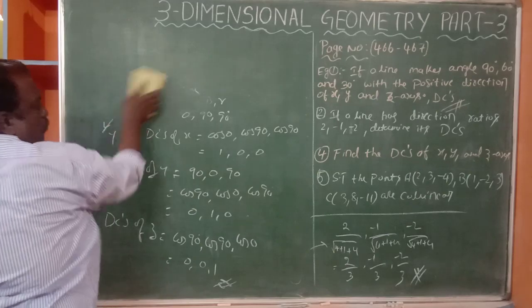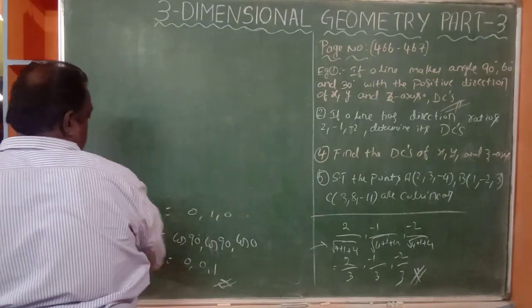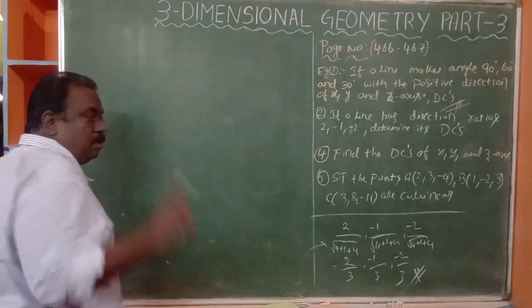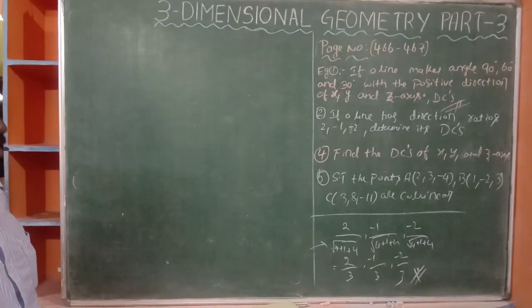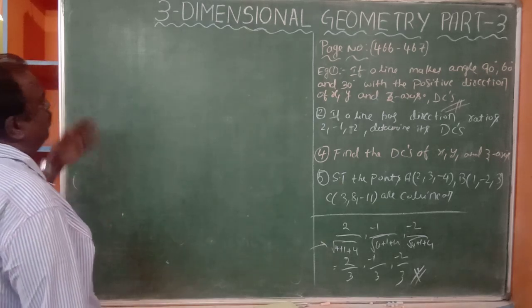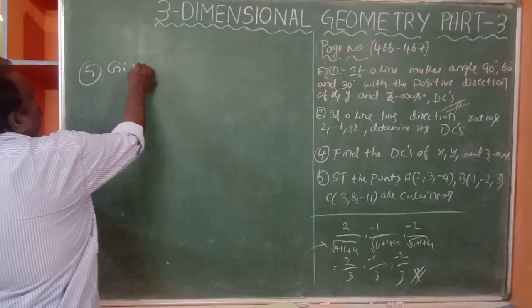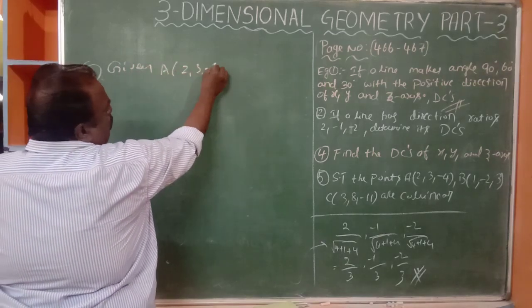So that fifth one. Points A, B, C are given and they are collinear. The collinear concept was already taught in vectors. Now it is by using coordinate geometry, that is 3D. You see the given points. What is A? 2, 3, -4.